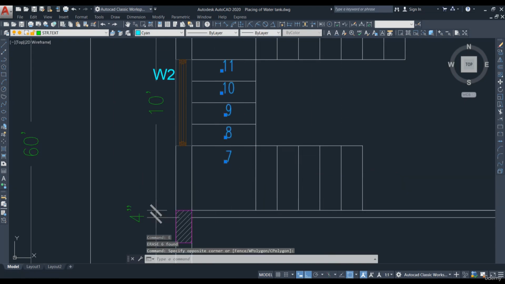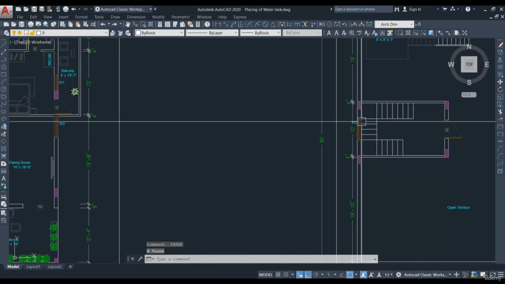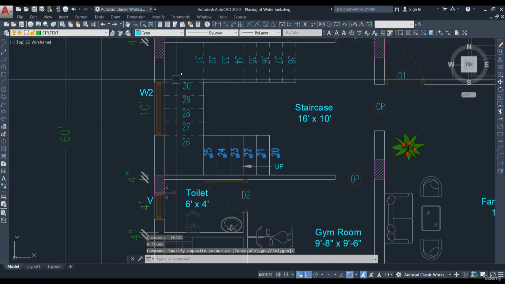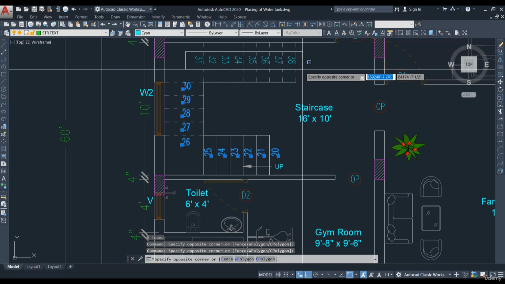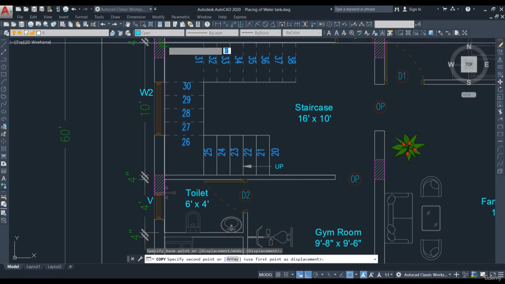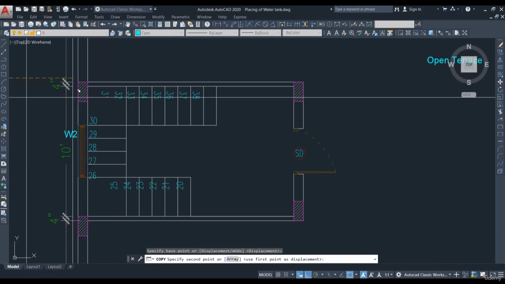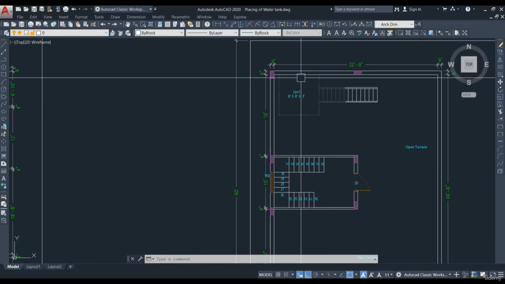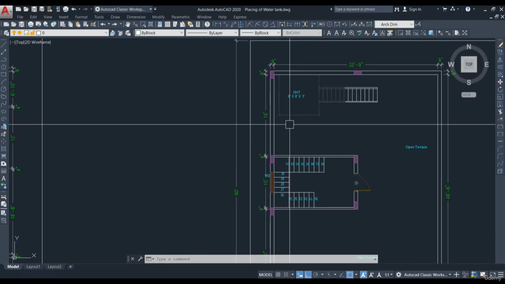Delete this. Copy, paste it over here. We have completed placing the overhead water tank in the terrace floor.